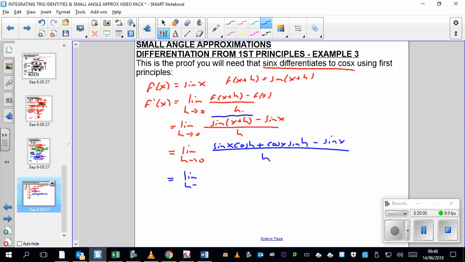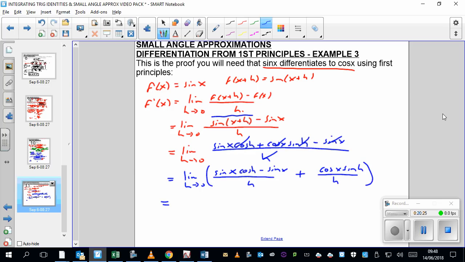Right, so what do we have now? So we've got limit as h tends to 0. So I'm going to factorize, I'm going to put together this stuff. So sine x cos h take away sine x all over h, so that's this and this, yeah? Plus, separately, cos x sine h over h, that's this and this and this, okay? So this is all in the limit.